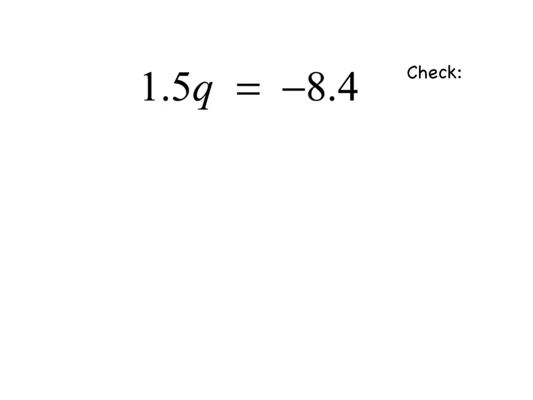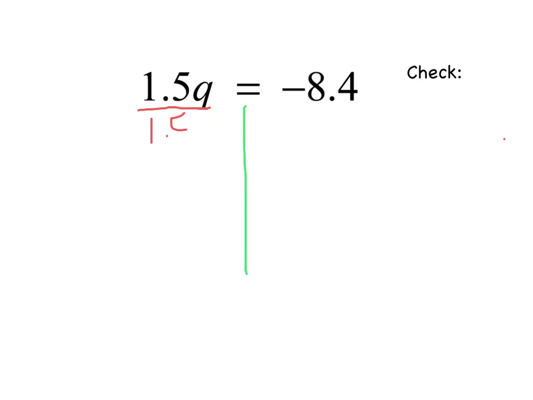All right, let's take a look at another form of rational numbers, decimals. We have 1.5 times q, so we want to divide both sides by 1.5. Okay, now remember, this is our traditional way of showing division. You could also show division this way.